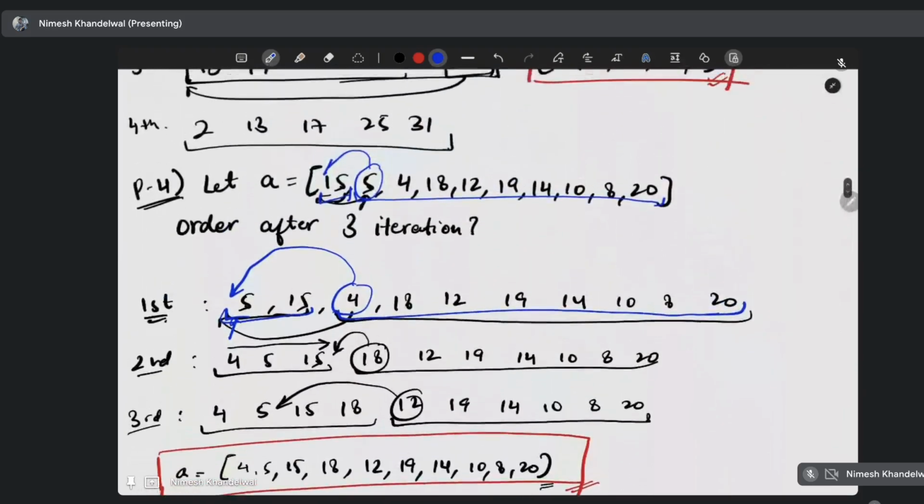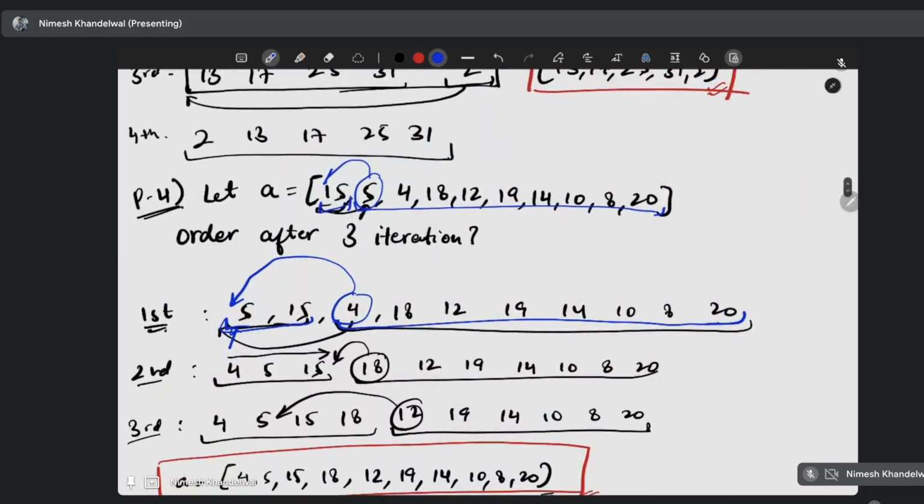And again, if we look at it from the swapping perspective, we take the first element and then we swap it with the element that is larger than this in the sorted array, right?